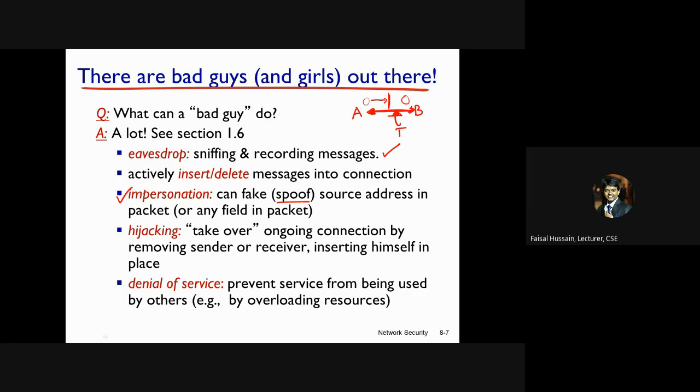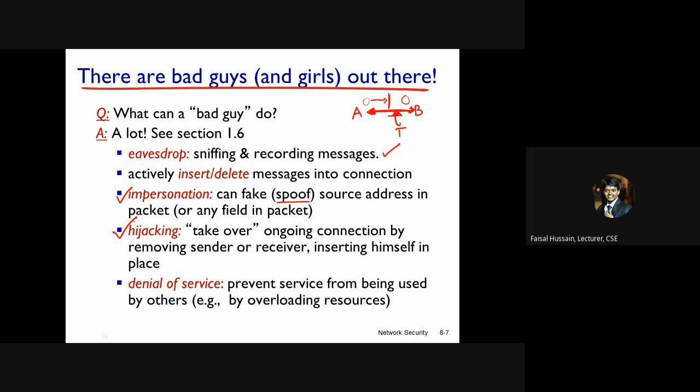Assume that I am changing my message to carry the IP address of my boss, and after that I forward the packet. In future, when the packet is checked, it might seem that the packet is coming from my boss's IP address, but it is not true, it is fake. But again, there are countermeasures.